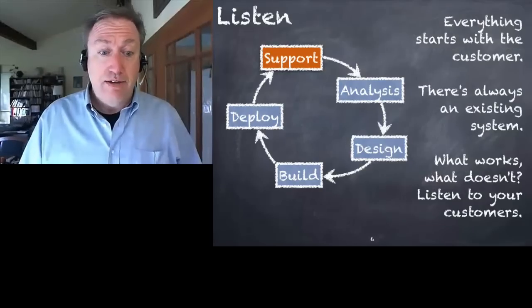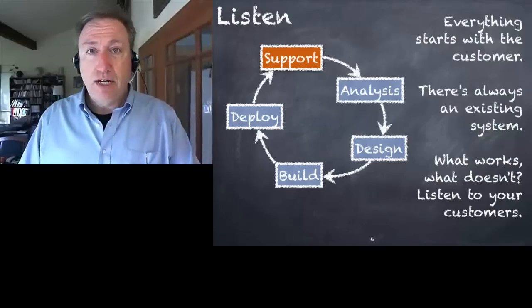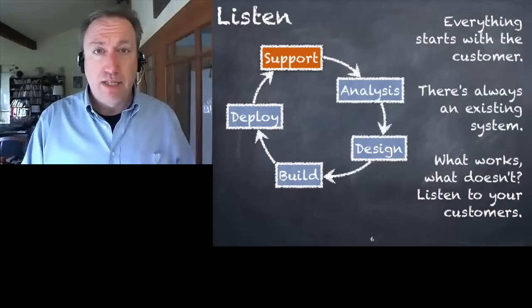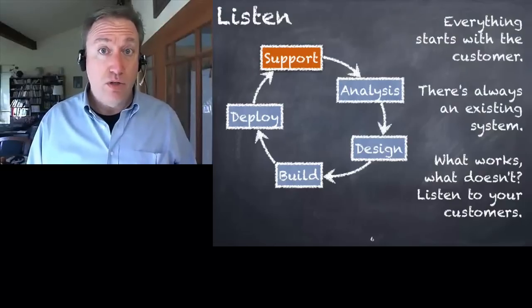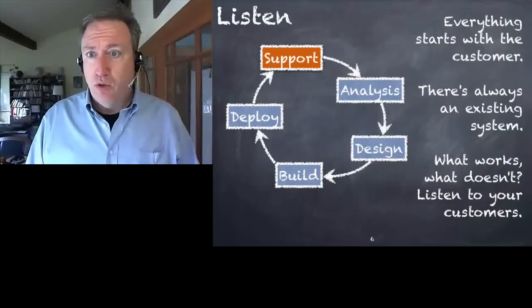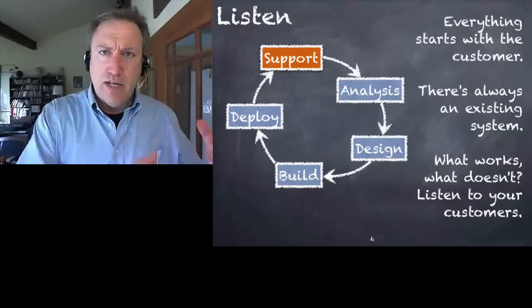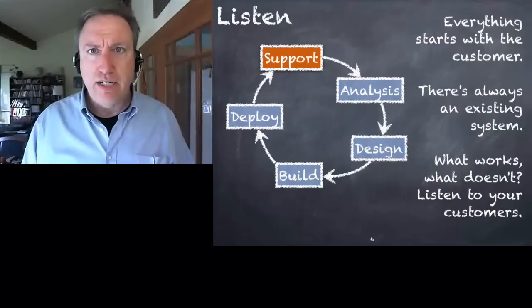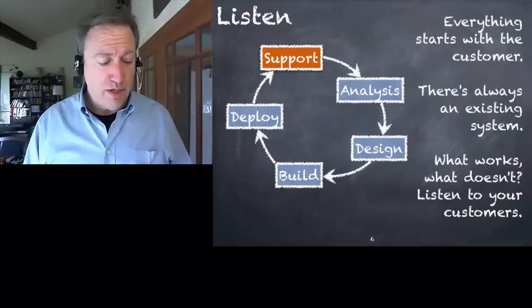Even if it's just paper and pencil, there's something that the customer does today, there's some software that they use today to do their job, to do whatever it is they want you to do better. So listen to what they say about the old system, what works, what doesn't. Everything in this cycle is designed to take what the customer says to you and turn it into something of value for the customer. It's all about the customer here.